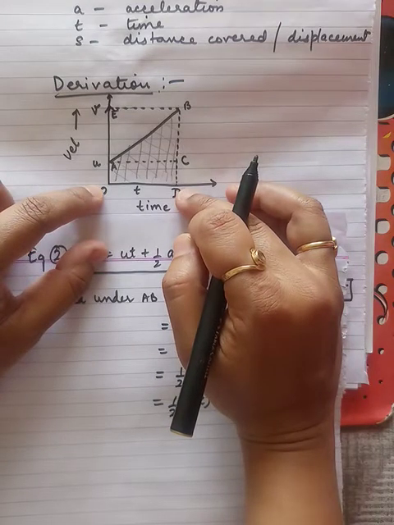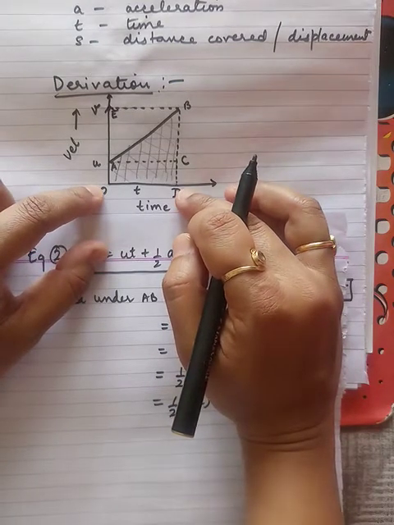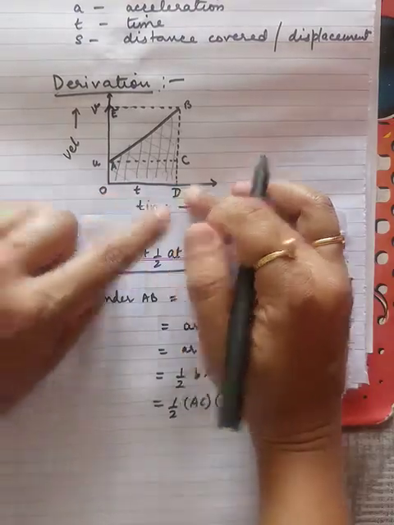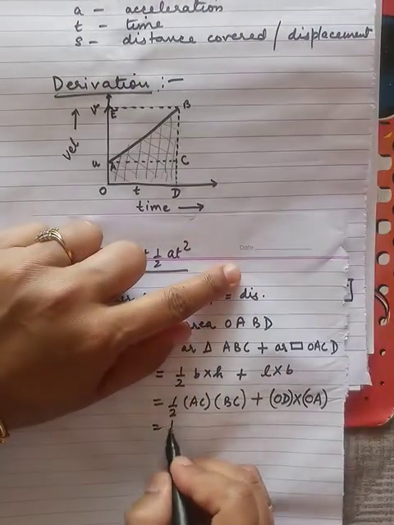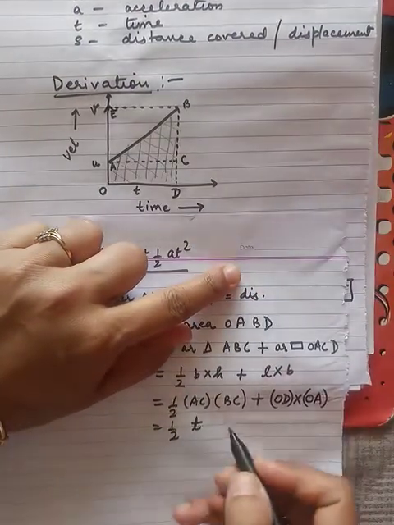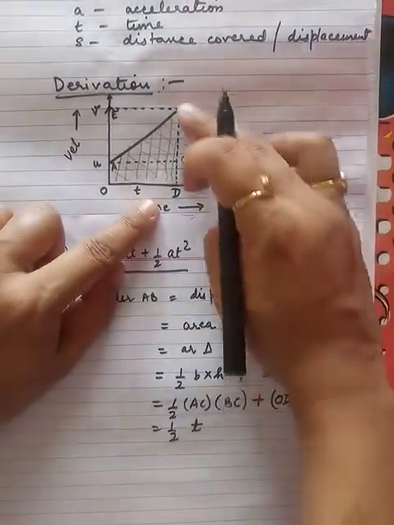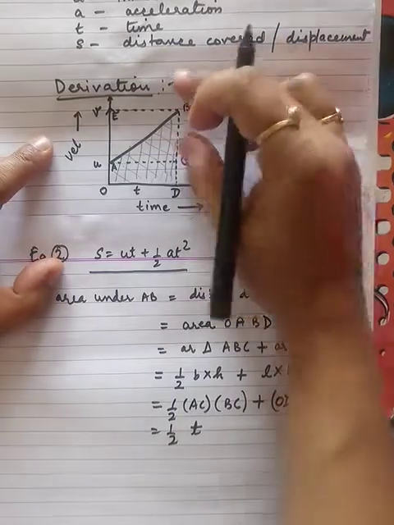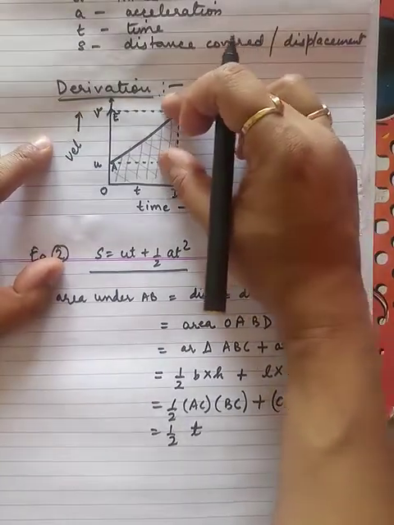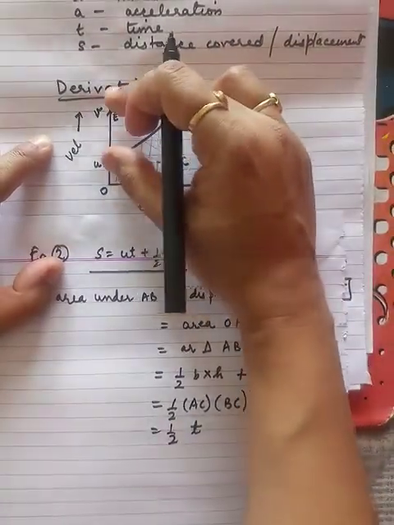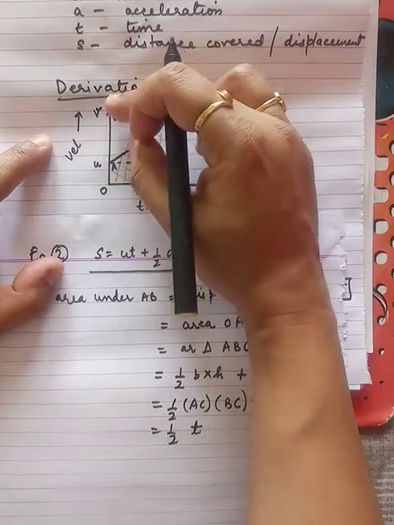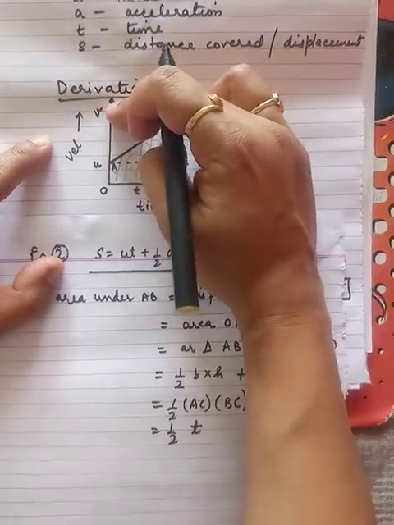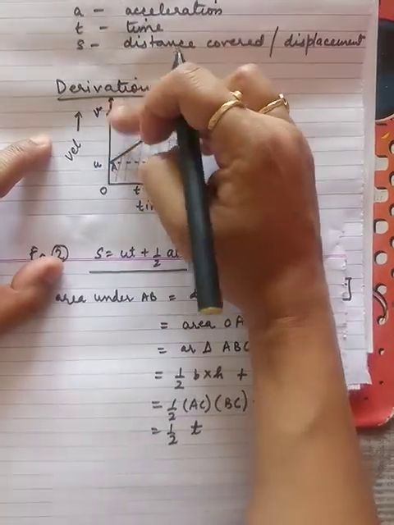The value is equal, so this will be taken as time t. So I can write down half time t multiplied by BC. What is BC now? BC is this much portion, and on the y-axis I can take the value. From A to E, it will be equivalent to AE. And what is AE?